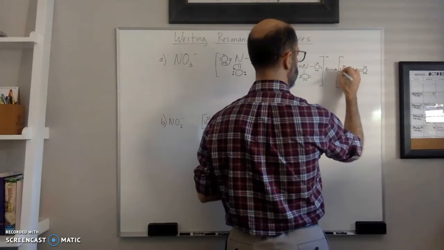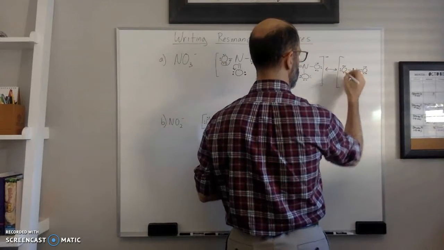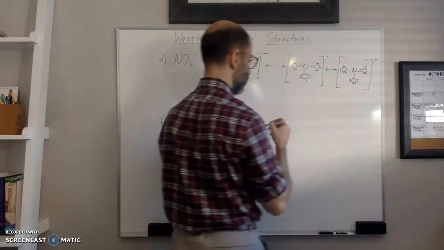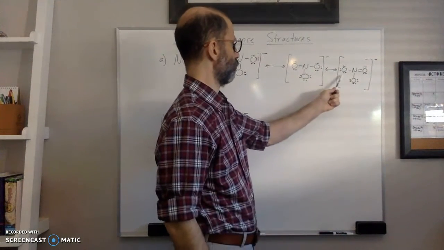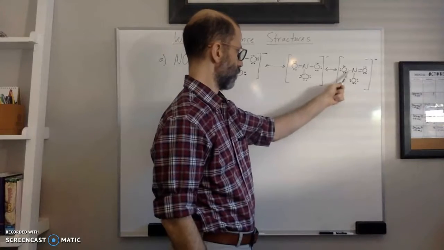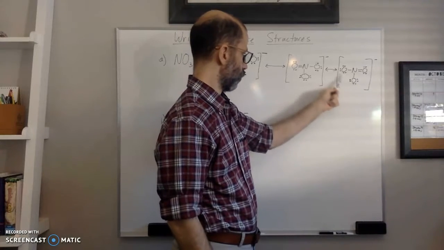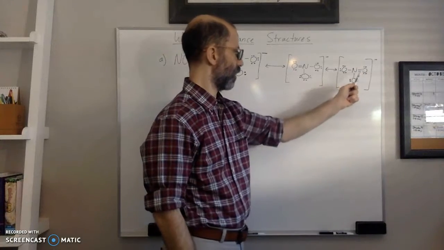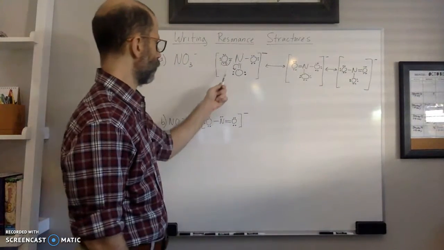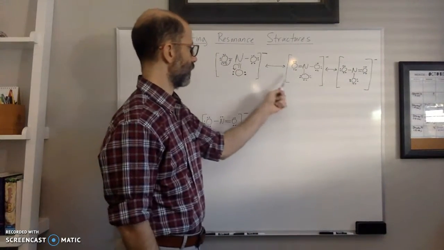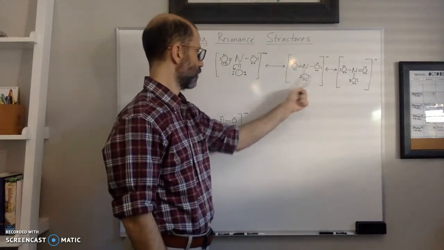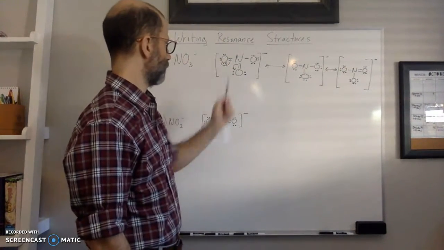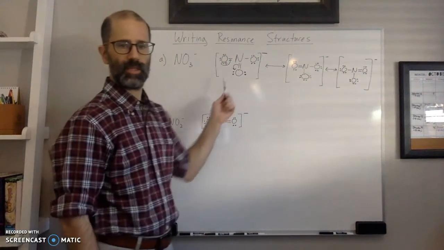And these two oxygens have single bonds and 3 lone pairs. This one would have a double bond and 2 lone pairs. So you can see that the only difference between these Lewis structures is that the double bond is located at different places.